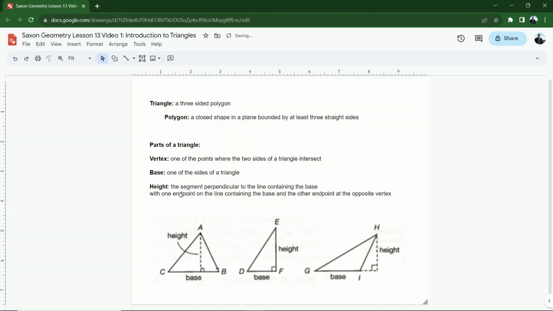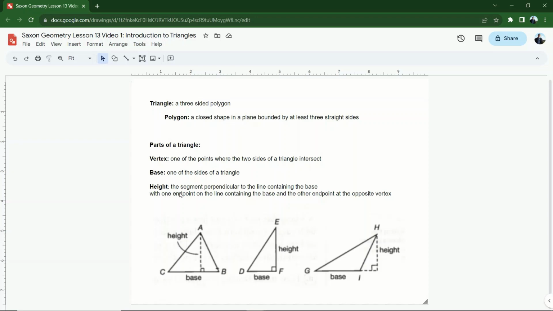And then lastly, the height of your triangle. This is a lot easier to actually envision on your own. It's a lot harder to describe. So it gets a little wordy, this definition, but you'll see why in just a moment. It kind of has to be. So the height of a triangle is the segment that's perpendicular to the line containing the base. So the base here, remember, is just one of your sides. You extend the base in either direction with a line.